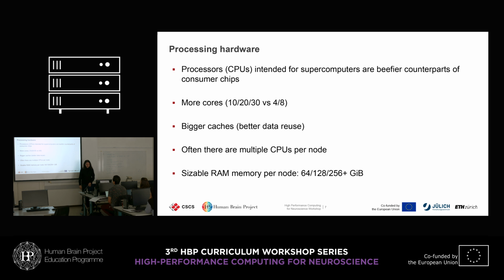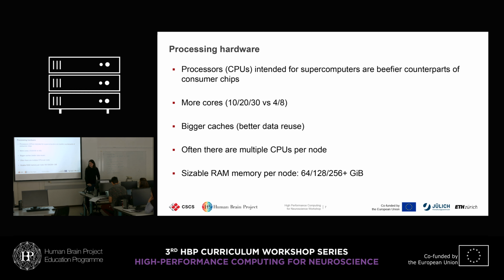They have bigger caches. Caches are fast and temporary memory spaces very close to the processors. They allow you to reuse data effectively without going to read from the main memory every time. And often we also have multiple CPUs per node, so you can have nodes with 70 or even more threads available.